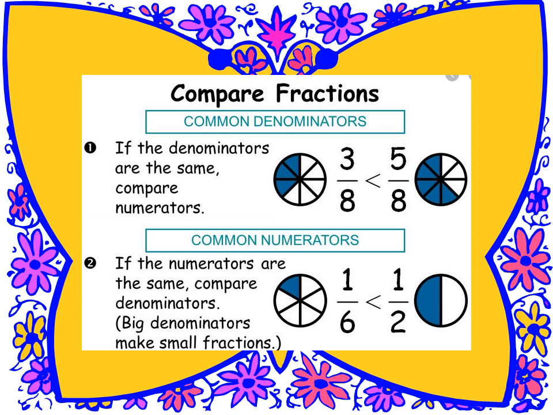Excellent, 6 is greater than 2. So in this case the bigger denominator makes a smaller fraction. So 1 out of 6 is smaller than half, 1 out of 2. Why? You can see this in the drawing. See, only one part out of 6 parts is smaller than one part out of 2 parts.